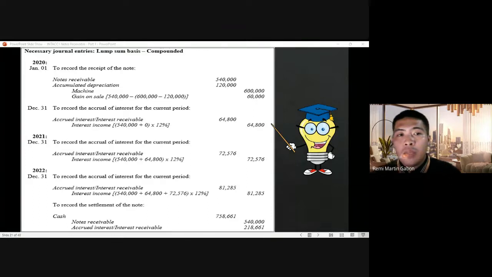If we're going to individually compute the interest, 540,000 times 0.12, that should equal to 64,800. Then compute interest by multiplying 12% with 64,800. That should be 7,776. Then plus 64,800, that should equate to 72,576.